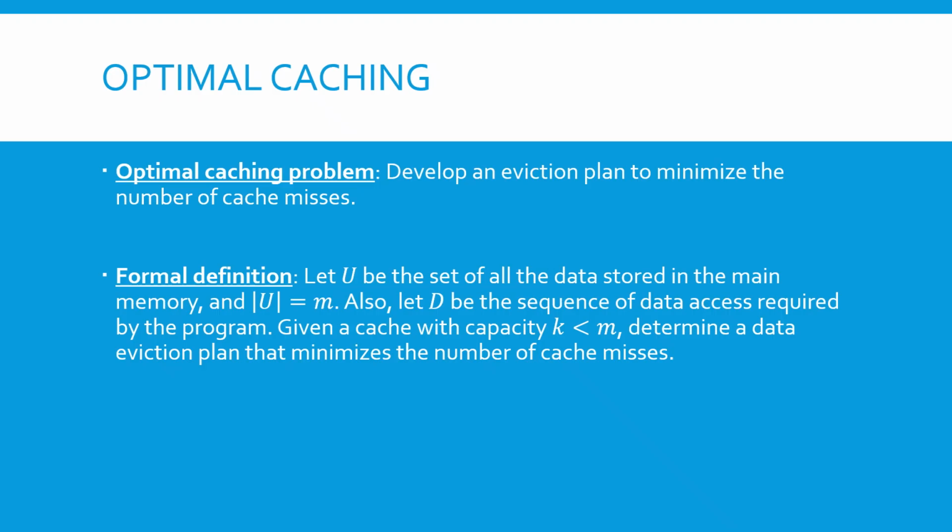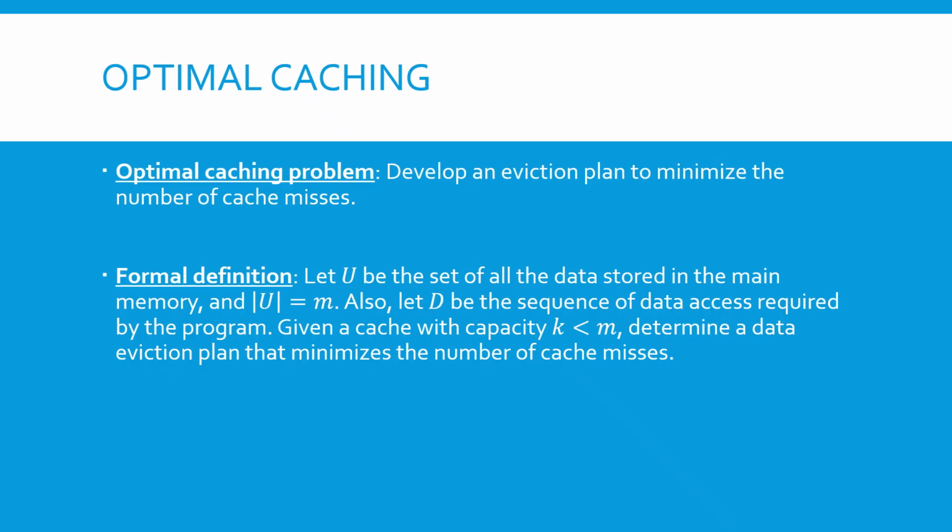Formally, let U be a set of M distinct data items stored in memory. For a given program, we are given the complete access sequence D, which lists the items requested over time.